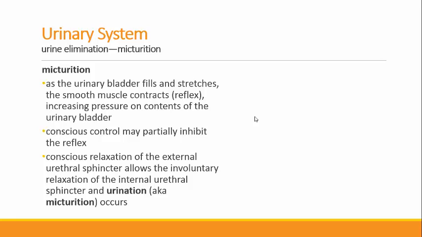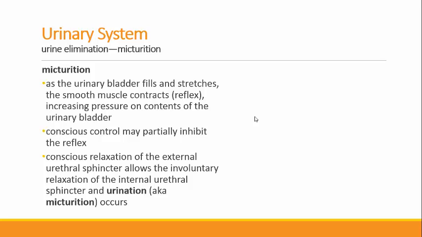But if we try to hold our pee, to prevent contraction of the urinary bladder, for too long a time, and the urinary bladder continues to fill and become stretched, then eventually that partial inhibition will go away, and we will lose control of the urinary bladder, and we'll pee our pants, essentially.